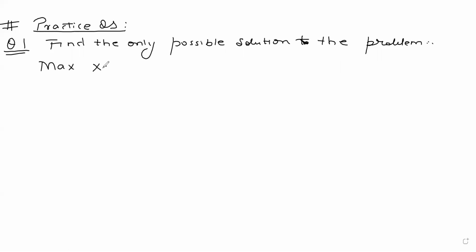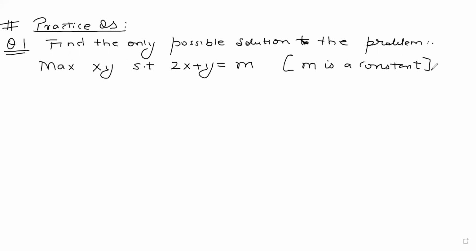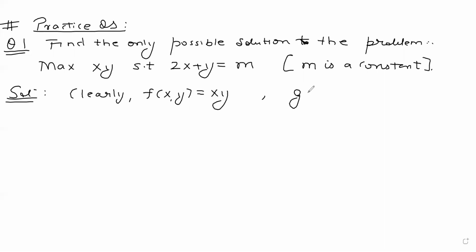Maximize xy subject to 2x plus y equal to m, where m is a constant. So let's quickly do the optimization for this particular question. Clearly all students can see my objective function is f of xy, which is x into y, and my constraint is g of xy equal to c.